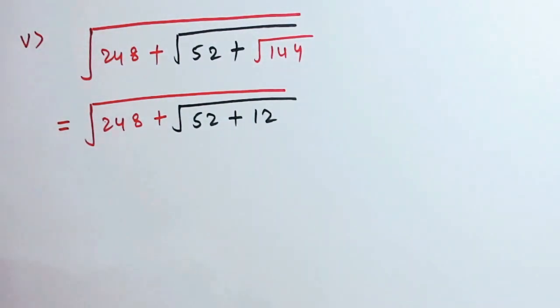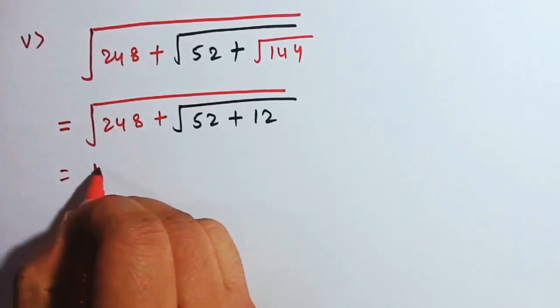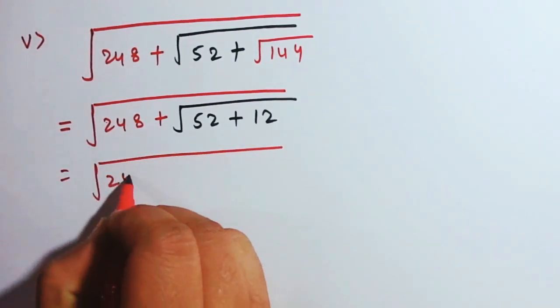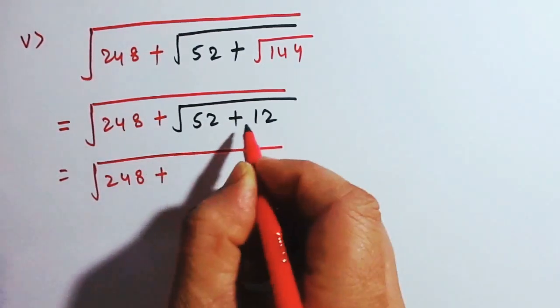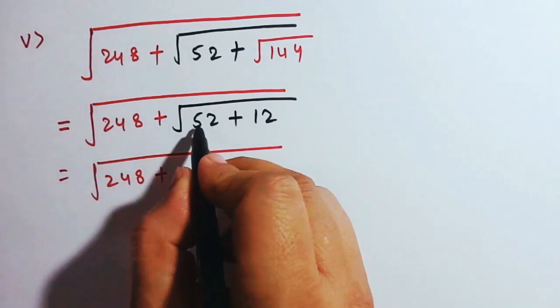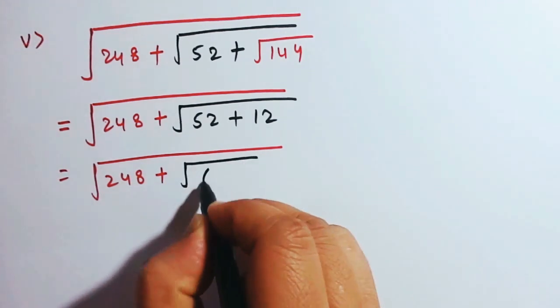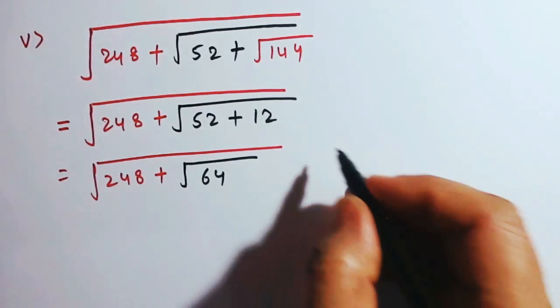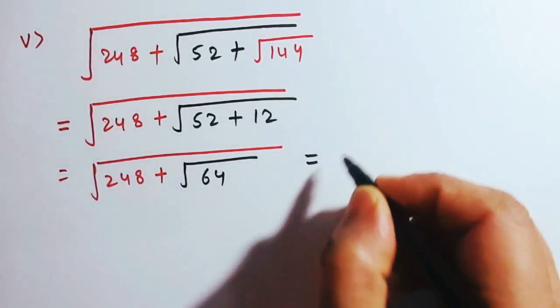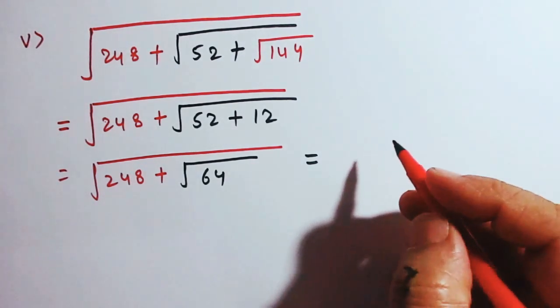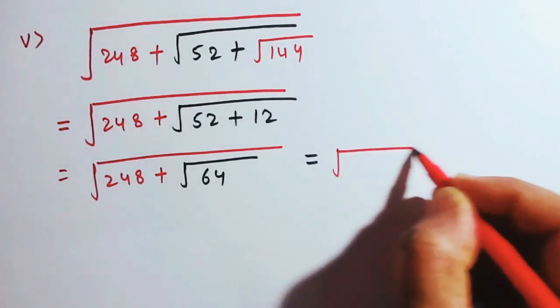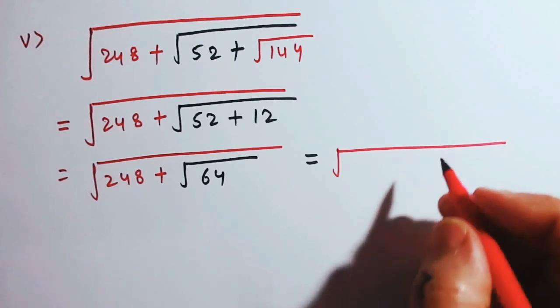Now let's move on. 248 will remain as it is. I have to add this 52 plus 12. How much? 64. So square root of 64, and you know that the square root of 64 is 8.